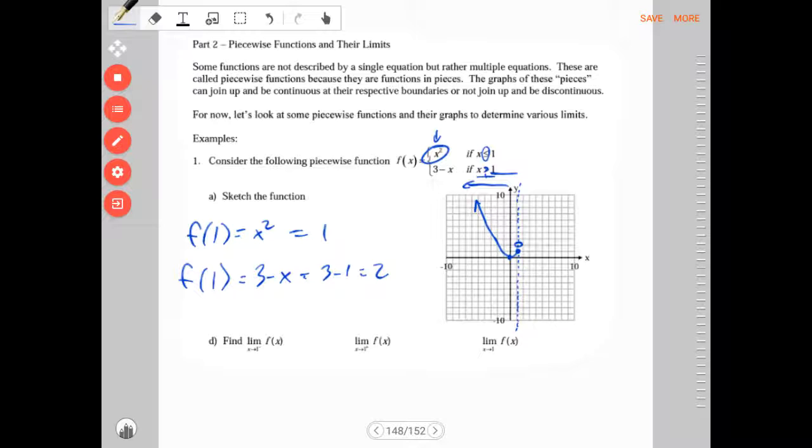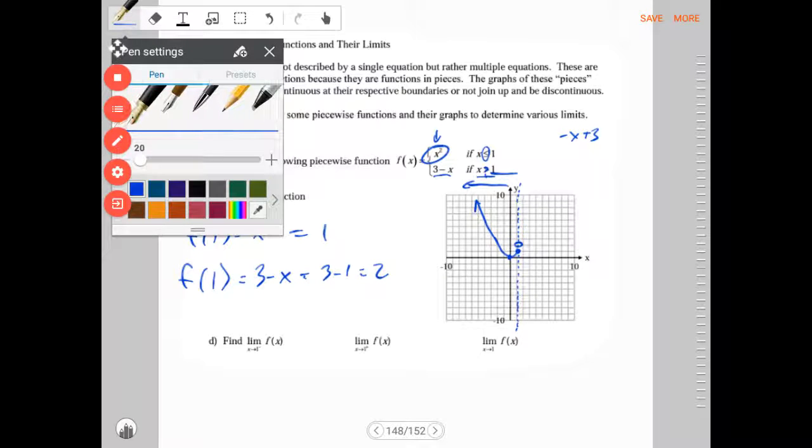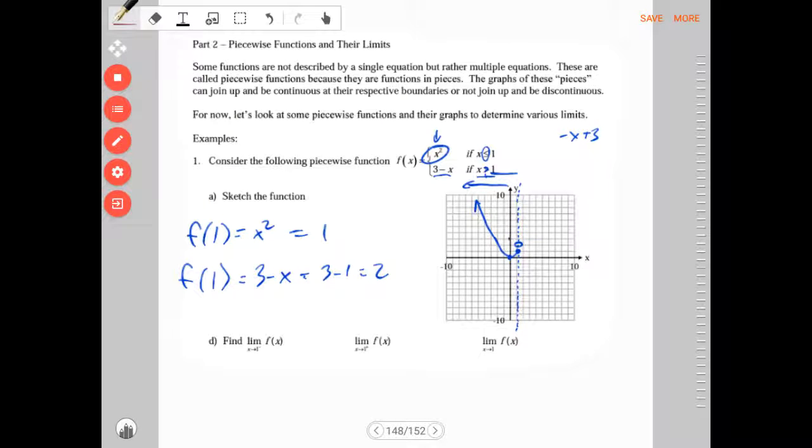Now it's the graph of 3 minus x. Really, guys, that's just negative x plus 3. So we have a y-intercept at 3, so 1, 2, 3. I'm going to draw this part in red because this is a little bit confusing. That's where the y-intercept would be, and we don't actually start drawing that graph until we hit x equals 1.